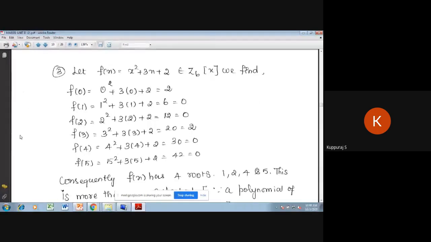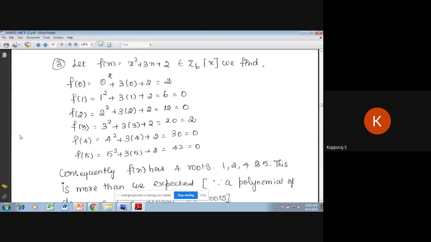So when you put x equal to 1, f of 1 becomes 0. When you put x equal to 2, f of 2 becomes 0. When you put x equal to 4 and 5 in the given polynomial, f of 4 and f of 5 also become 0. Therefore, x equal to 1, 2, 4, 5. These x values make the polynomial 0.